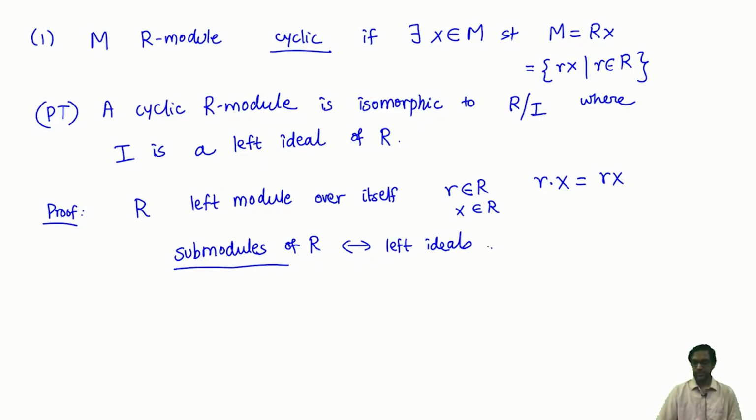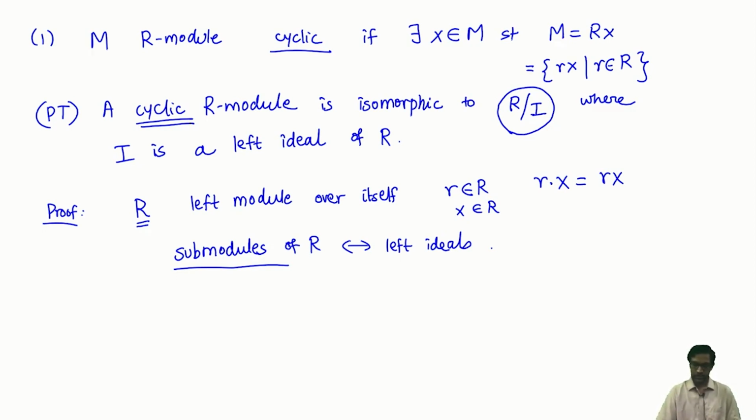So submodules are the same as left ideals, and we can therefore take the quotient. What's being asked is to prove that if I take every possible left ideal I of R and consider the quotient R mod I, this collection exhausts the possible cyclic R modules up to isomorphism. Every cyclic R module is isomorphic to a module of the form R mod I.